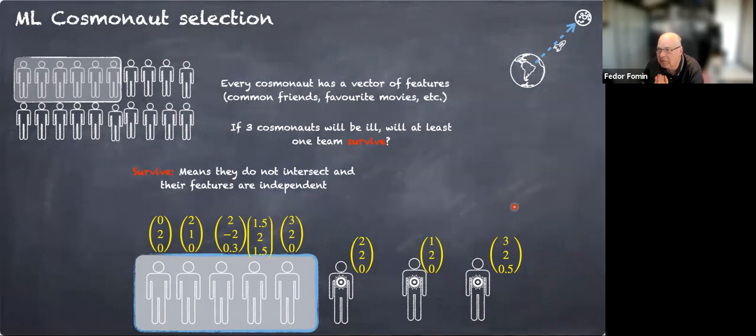Every cosmonaut also has a set of features, some vector attached, say with real numbers.